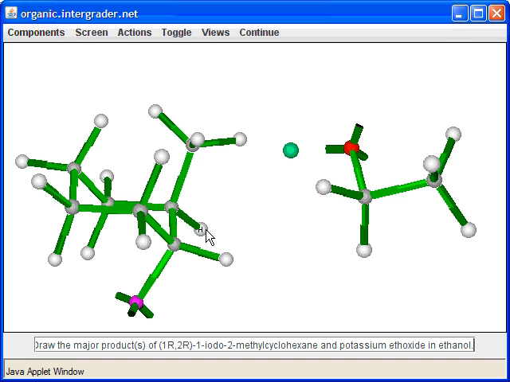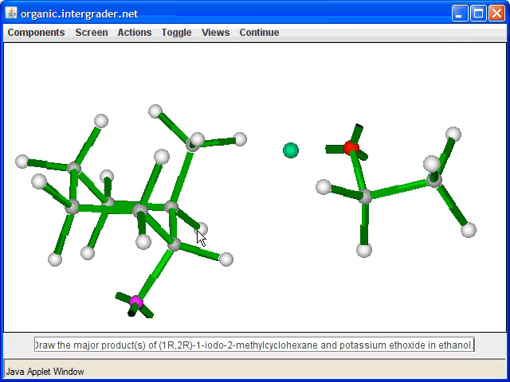Should we eliminate this hydrogen to make the Zaitsev product? Or should we eliminate one of these two hydrogens to make a Hofmann product? The answer is, remember that to do an E2 elimination, you need a concerted anti-elimination. So in this case, you need to find which group is anti to the leaving group, the iodine.